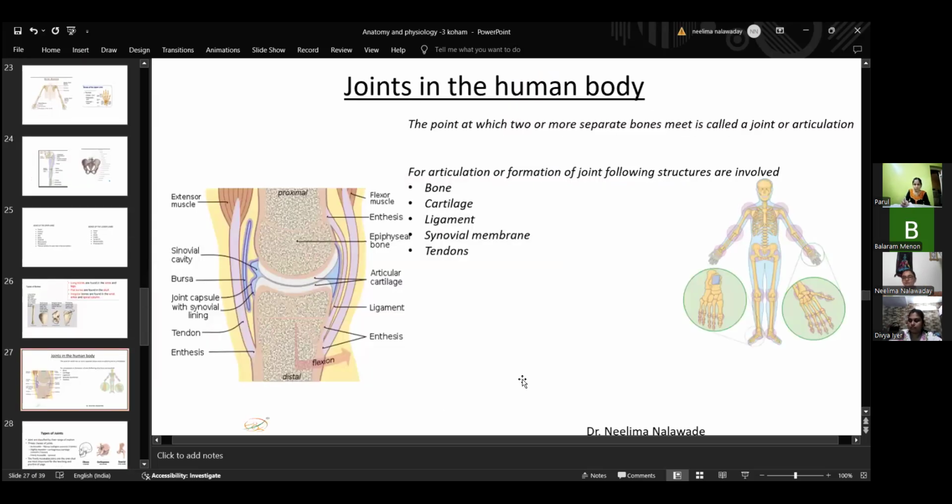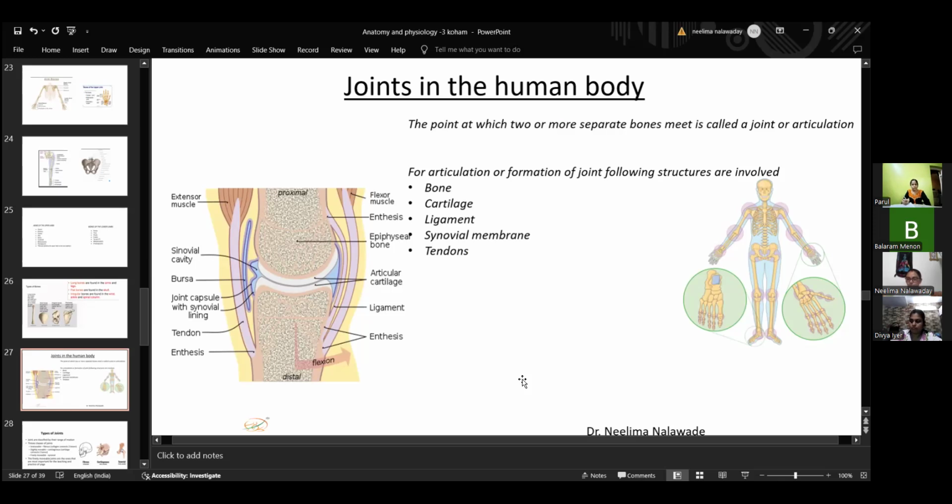Now, joints in the human body. Joints are also an important part to understand, and how joints get formed in our body, that we should know. There are components of joints. It is also called articulation.